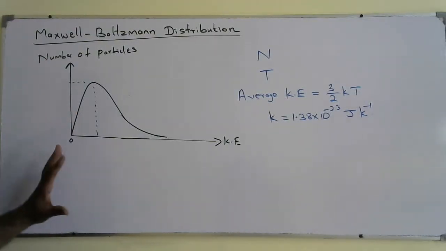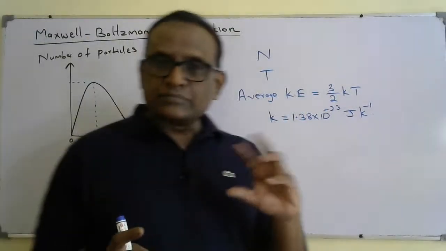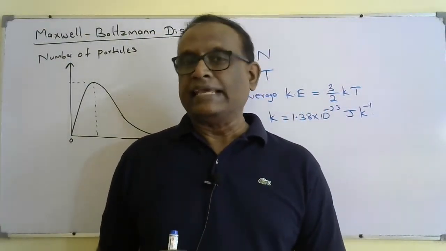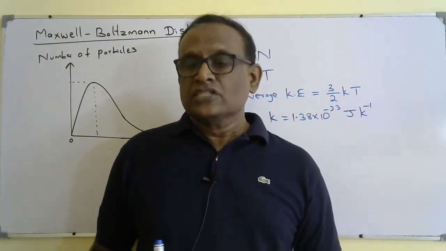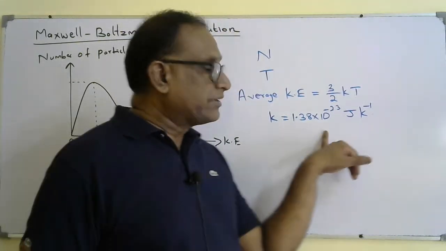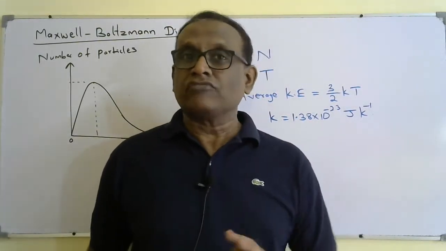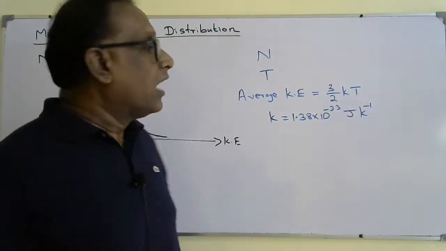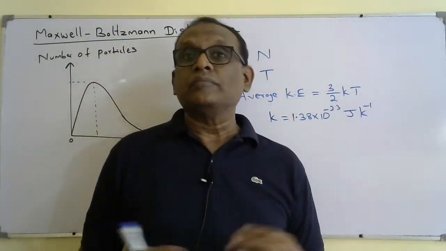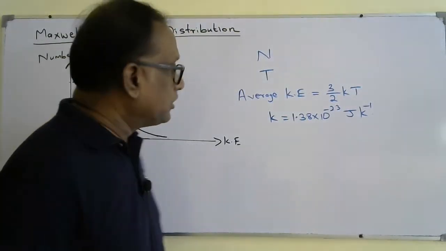Average kinetic energy means different gas particles at a particular temperature will be at different speeds. So how do we represent this average kinetic energy in terms of average speed, or the average of the square of the speed, which we call mean square speed? That's what we are going to do now.